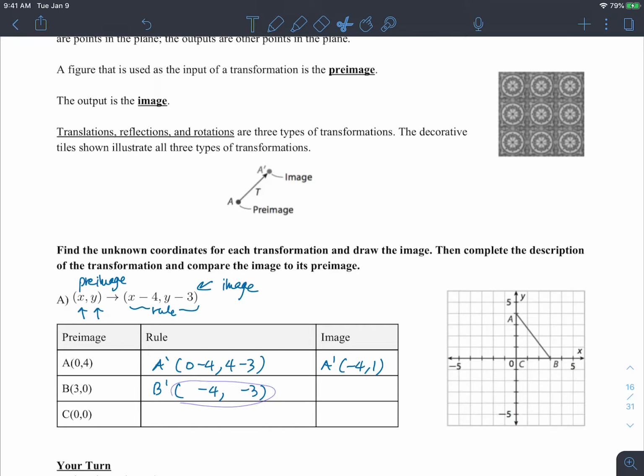I could even just make a copy of that, paste it like that, and all I do is copy these values respectively to each side. X is a 3, y is a 0. Next one is a 0, 0. So B prime results in (-1, -3). C prime results in (-4, -3).